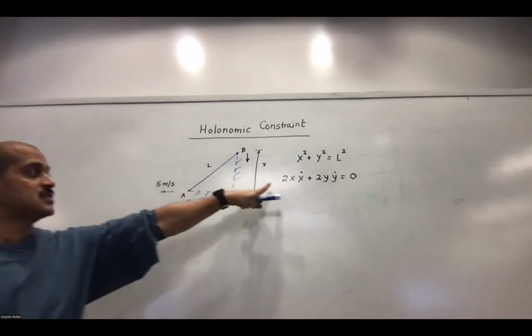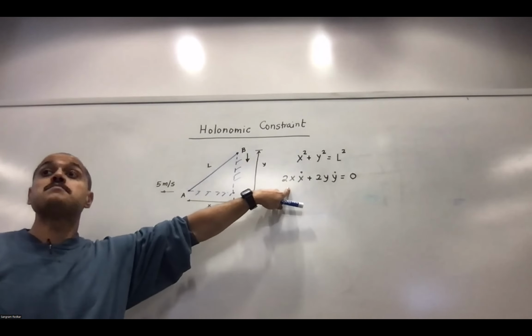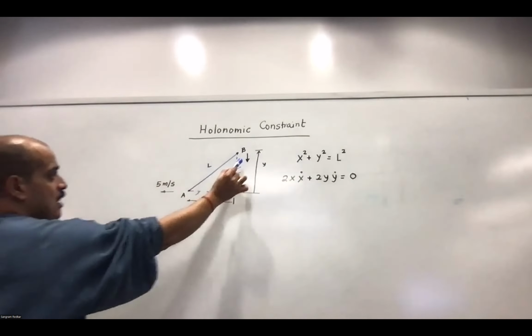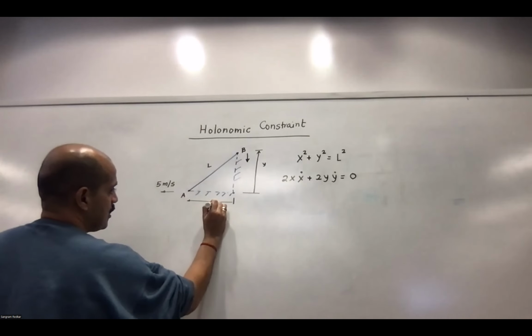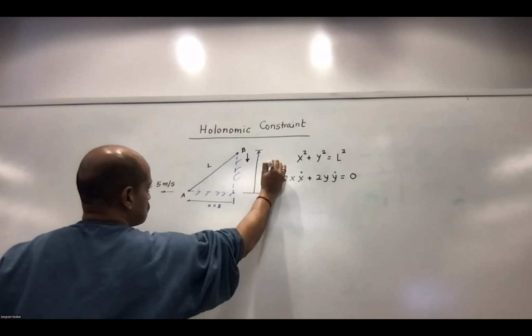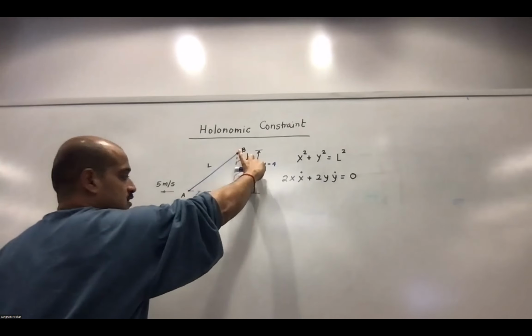Now, with this constraint, it's very easy for me to find the velocity of B. If I give you x equal to 5 and y equal to, say, 4, this distance is 5, this distance is 4.